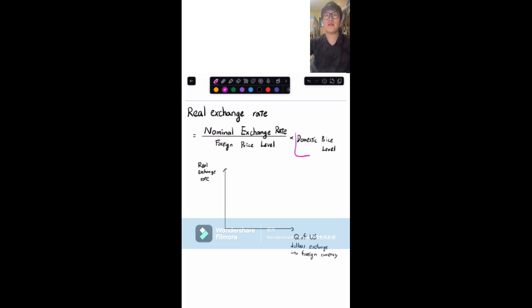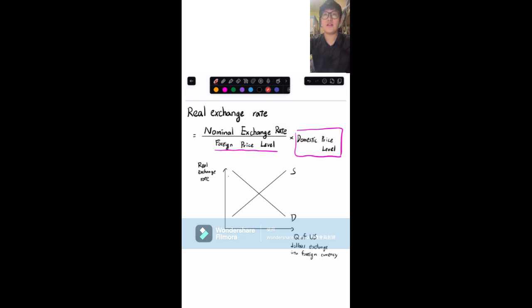And then we can see the diagram. The vertical axis is the real exchange rate. The horizontal axis is the quantity of US dollars exchanged into foreign currency. And we use the demand curve and the supply curve. In the US market, we see a decrease in the demand for NT dollars.